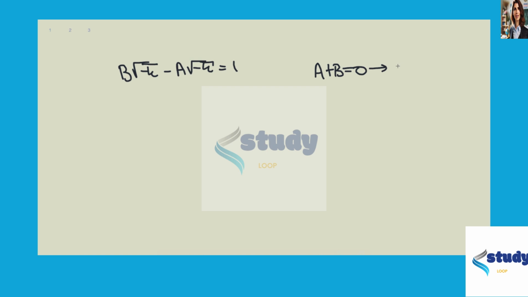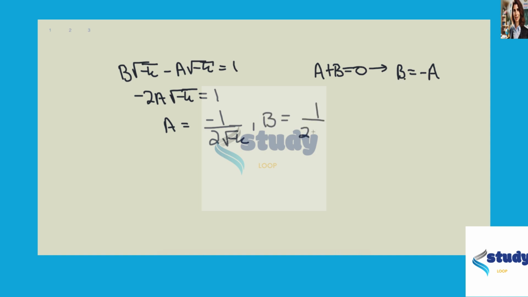So solve the second equation, and then go ahead and plug in B equals negative A over here, and then solve for A. And now we have A, and then using this, we find B. And now we go ahead and plug in those A and B into our partial fraction decomposition, and now we're ready to integrate.